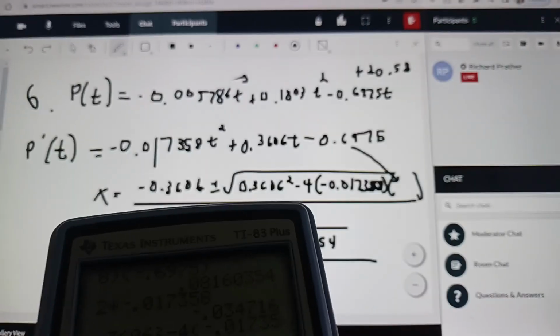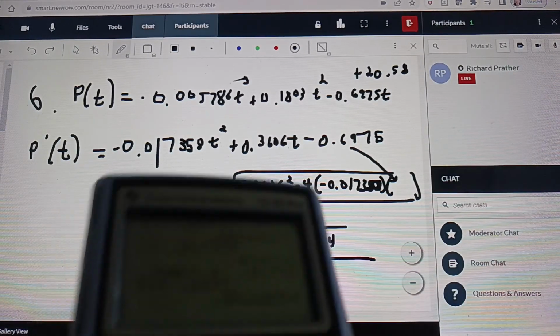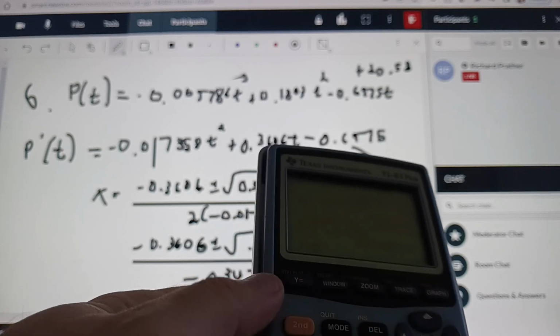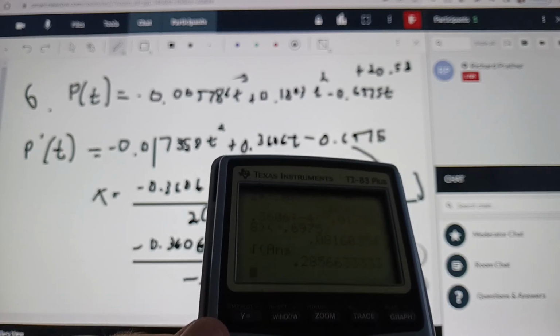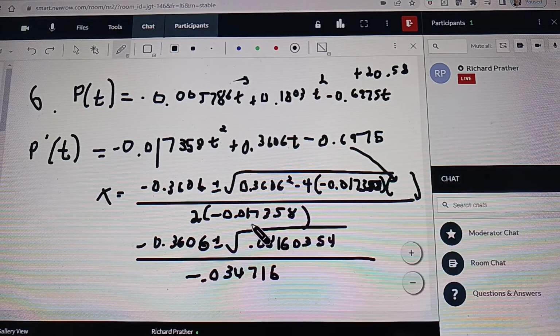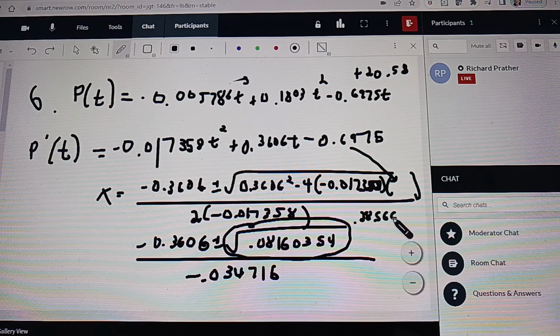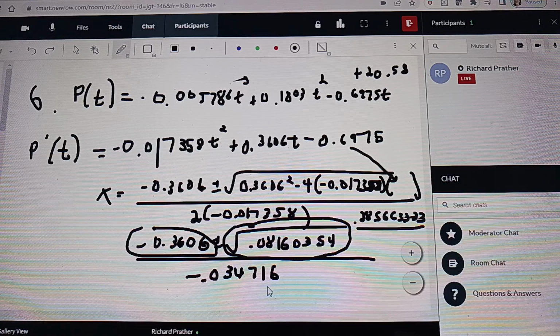Okay, so I had the inside of the radical, so I need to take the square root of that decimal. And that is this radical right here, has an answer of 0.28566333 repeating. So I need to do this negative plus and minus this decimal divided by that decimal.